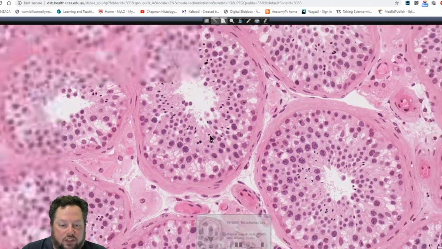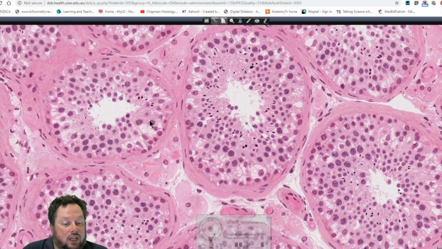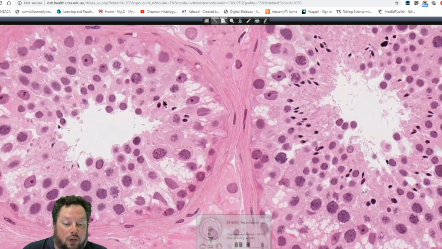An interesting thing is that in the human testis, different parts of the seminiferous tubules actually undergo meiosis at different stages. So you can see here we've actually got some spermatozoa. You can see the dense nuclei here, whereas on this side there's very few spermatozoa.